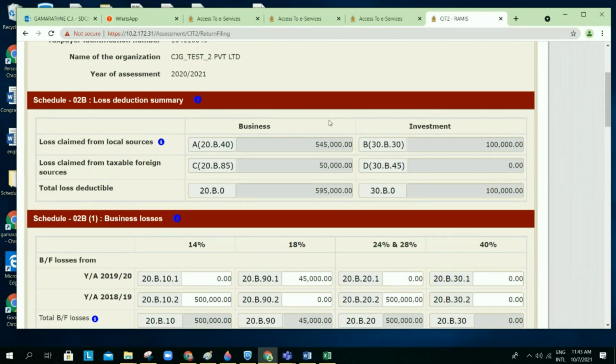Then total business losses are calculated as 595 and total investment loss calculated as 100. Then these two values go to calculating the AI in schedule 2A. Now I have entered, then I will go back and show you how the AI has been calculated.